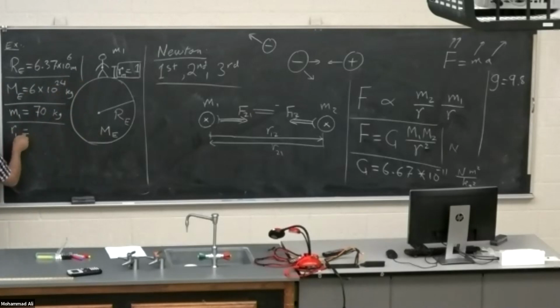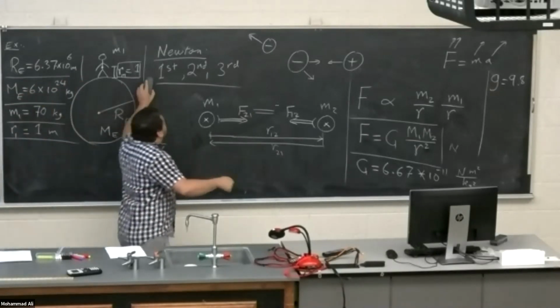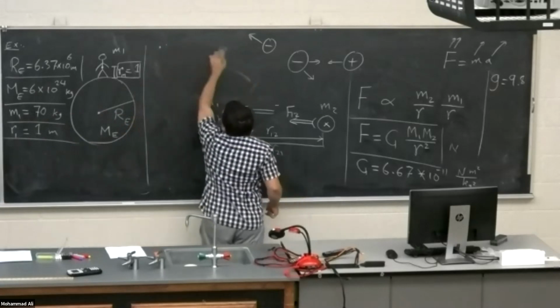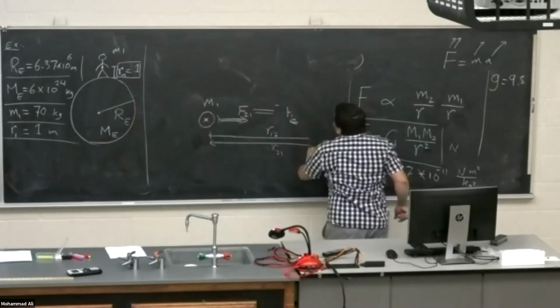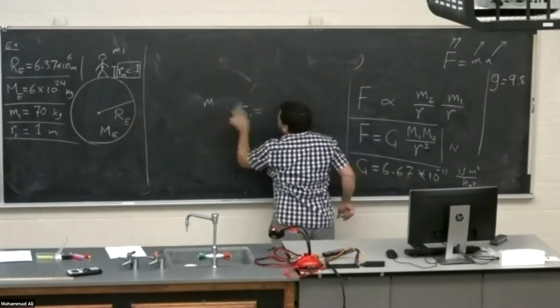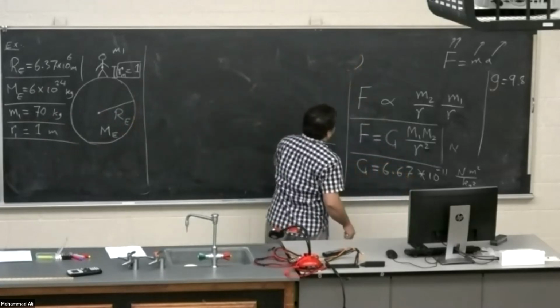And R1 is equal to 1 meter. Now we need to find the gravitational force between these two objects. In physics, these are just two objects. We don't care if they are planets, person and planet, just objects.